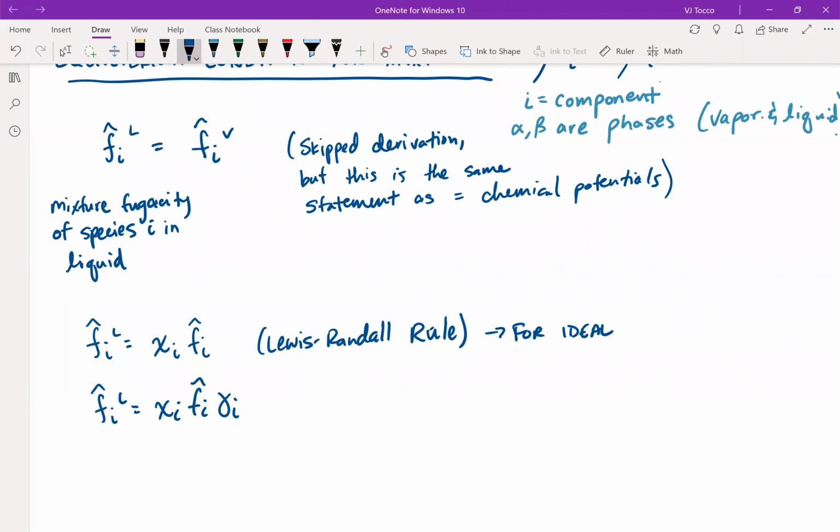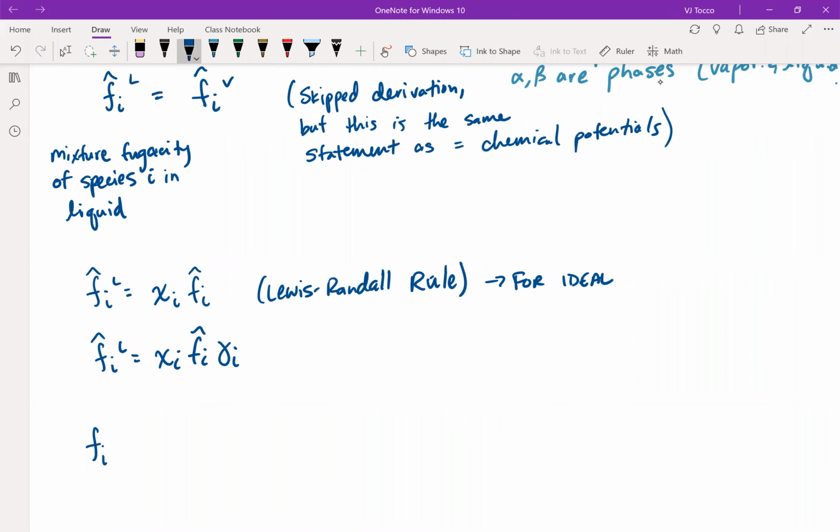All right, and then by the analogous Lewis-Randall rule, also showed this last time, for the mixture fugacity of a vapor, you could express it as the mole fraction in the vapor phase times the total system pressure. And so this is not the Lewis-Randall rule, it's an analogy to the Lewis-Randall rule.